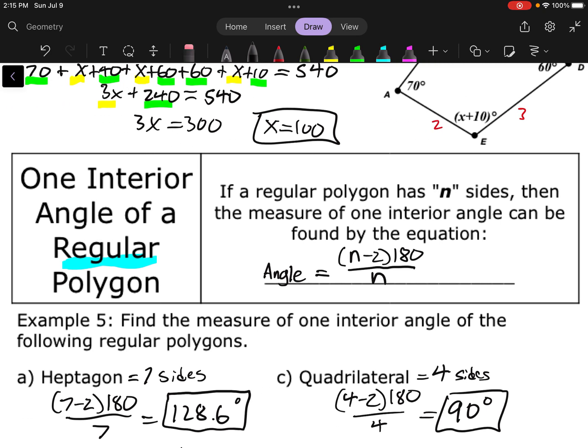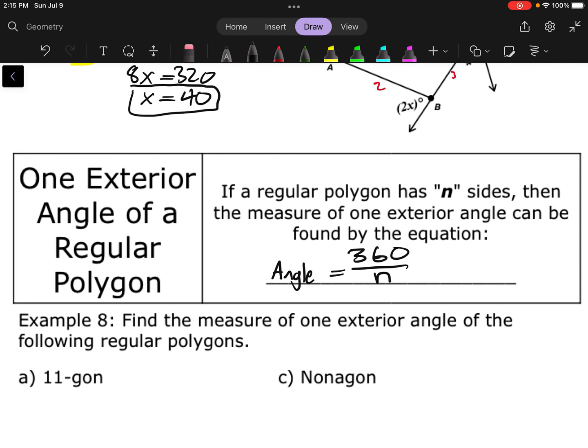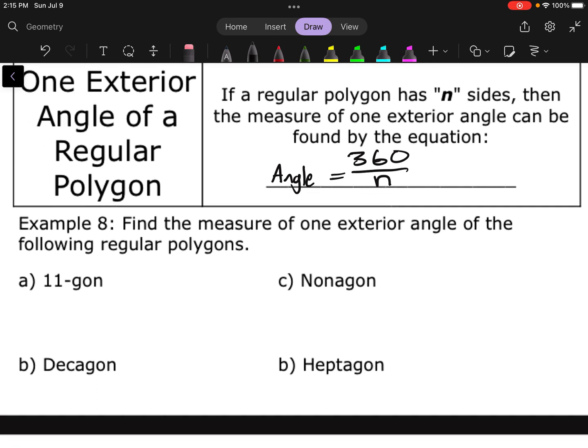Remember how on that one we took the sum of the interior angles divided by the number of interior angles. That's how we found one of them on a regular polygon. Same idea here. On this one we do the sum of the exterior angles, which is 360, divided by the number of exterior angles, which is n. So pretty easy formula here.